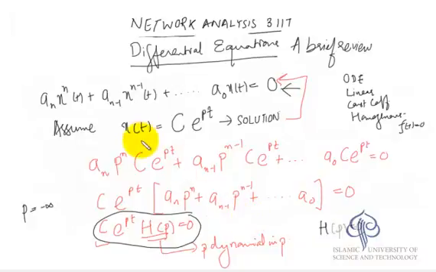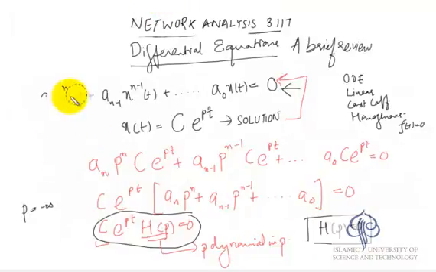So the solution to the homogeneous differential equation is x(t) equal to c e to the power pt, where p is given by the characteristic equation H(p) equal to 0. That's how you solve an ordinary differential equation which is homogeneous.